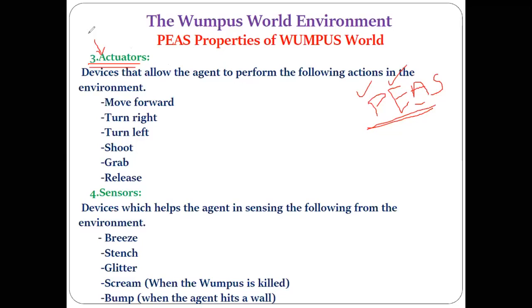This word is taken from the word action. Do you know any devices used in robotics to perform actions? I already told you. In the robot there has to be a motor. I hope all of you know.